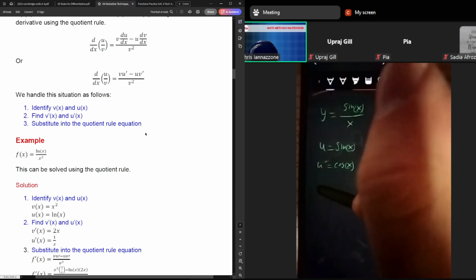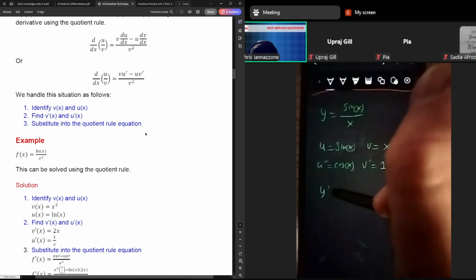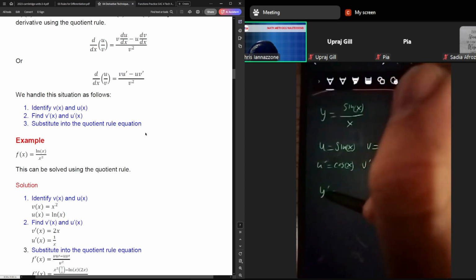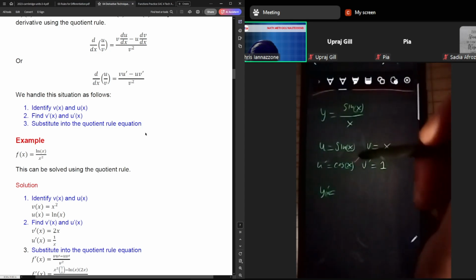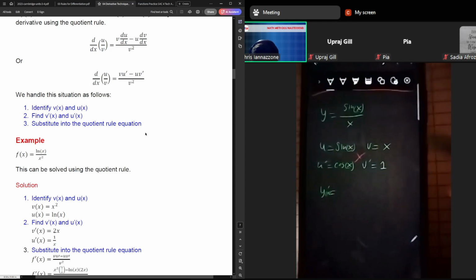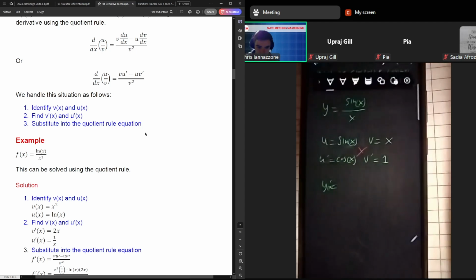Now for the fun bit, which is subbing things in. So y dash of x, still along the diagonals. What's the main difference?